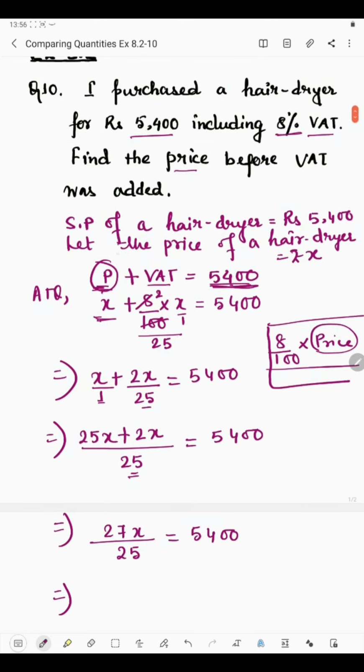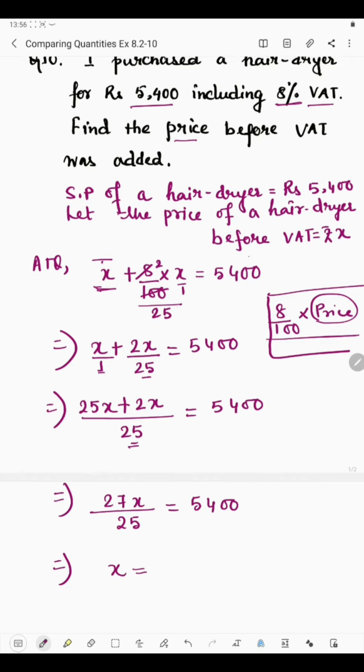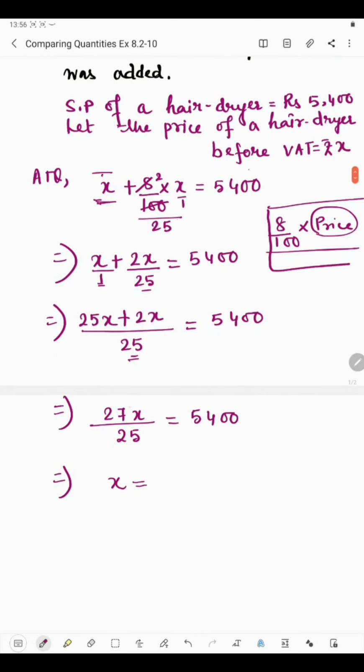Now here one thing I forgot to mention, X is the price of the hair dryer before VAT. Okay, this was the price before VAT. So what will be the value of X? Here 27 by 25 is multiplied by X. So to find the value of X, we need to transpose 27 by 25 to the other side.